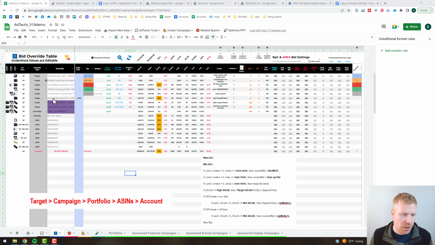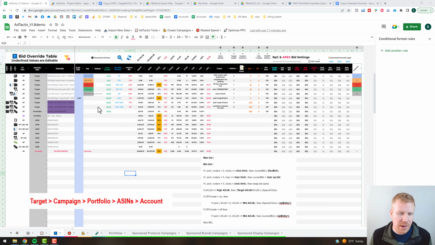Or you could have a bunch of targets, which I like, the combination approach where you've got your main targets that are carrying your account. Usually it's 20 to 30% of the targets that are doing most of the sales, and you get those at the target level. That way you can really be refined, segment out your bid parameters, and track everything for those.